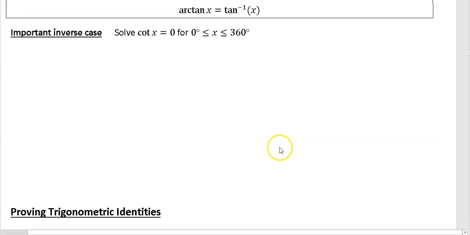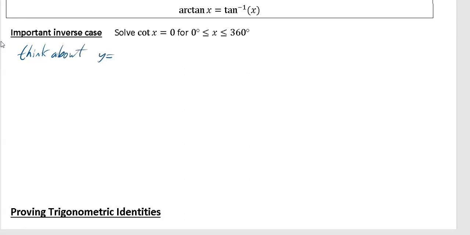Okay, we're going to look at an important case here. And this is cot x is equal to 0. I don't think I can remember seeing this one come up in a long time, but cot x equals 0. And this is for 0 less than or equal to x, which is less than or equal to 360. So in this one, you want to just think about y is equal to tan x. And we'll just think about the asymptotes.